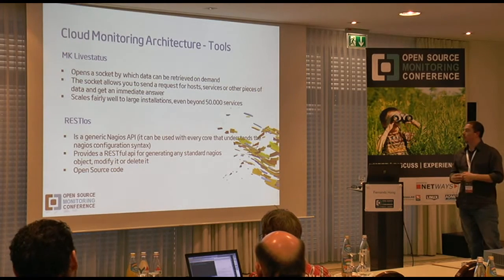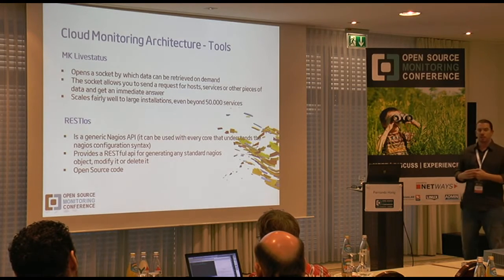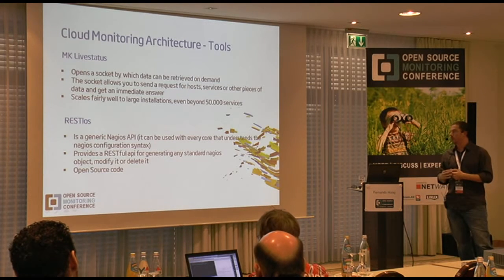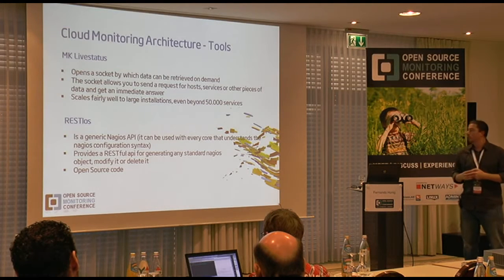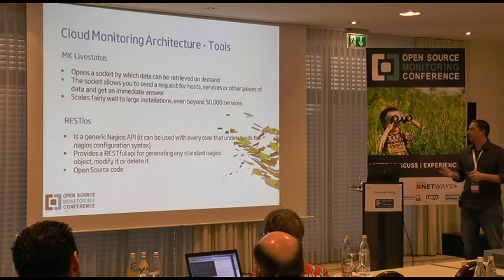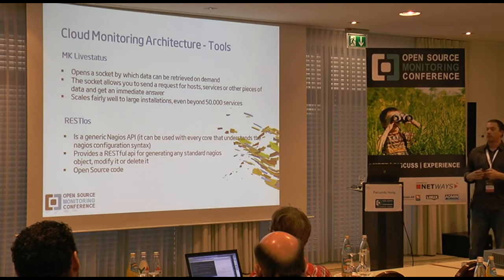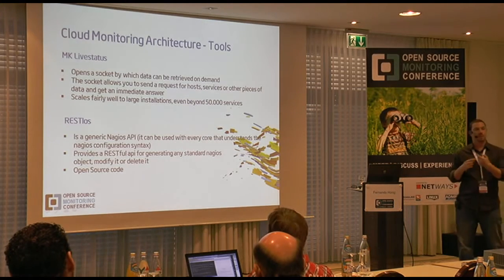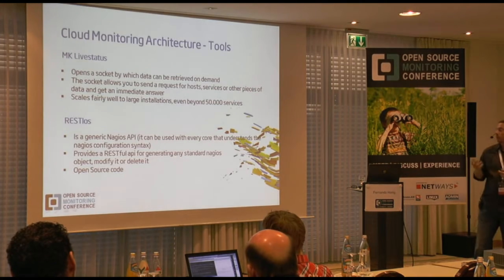The tools that we're using for this are, basically, Livestatus, in order to put data back to Thruk. If you know what it is, Livestatus is just a broker, and the good thing is you can send and receive commands with it.